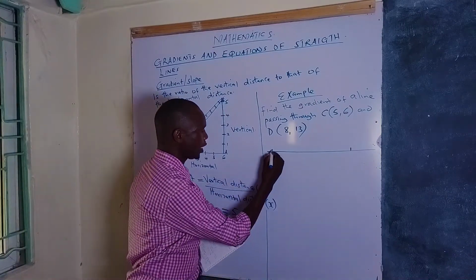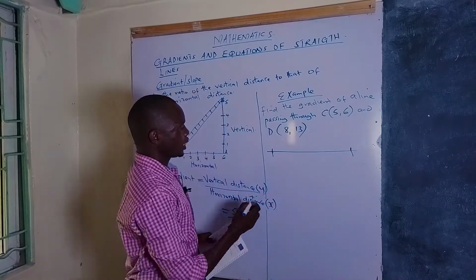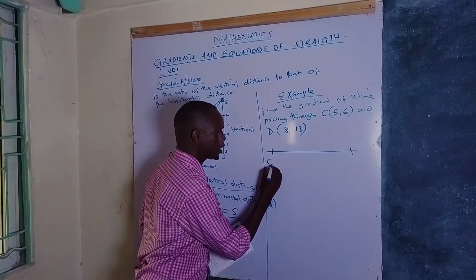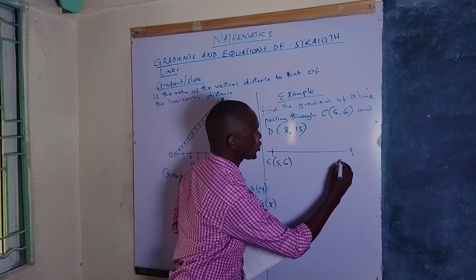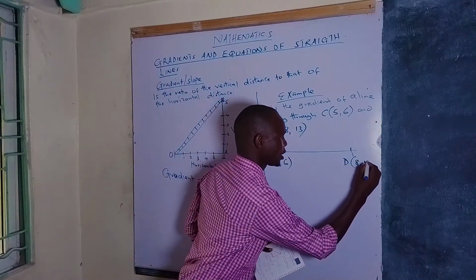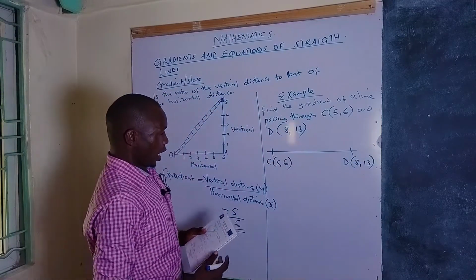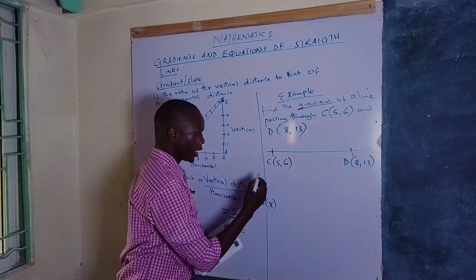In short, if I want to draw my line, although it's not important, our line passes through a point C with the coordinates 5, 6, and also goes through a point D with the coordinates 8, 13. And we are supposed to find the gradient of this line. How do we find the gradient of a line?